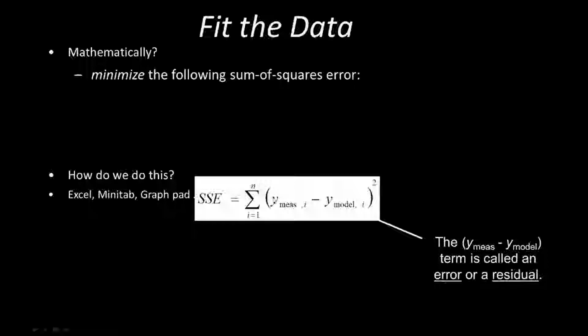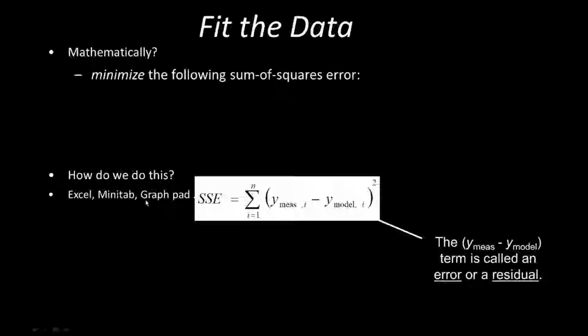You are trying to minimize the sum of squares of this, which is called error or residual, because this is measured activity and this is as predicted by the model. So this should be as low as possible. You are squaring it so that minus or plus, it will always be positive, and then taking a summation. This is the sum of squares of the error or residual.